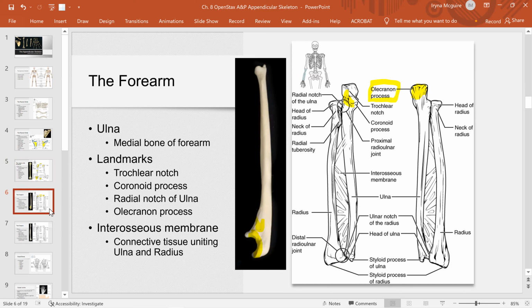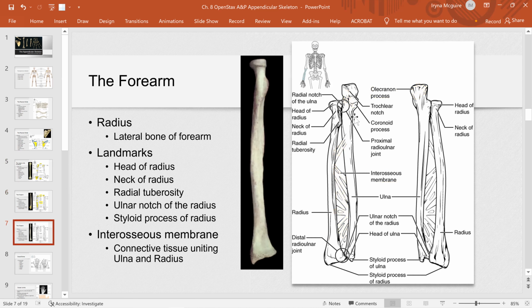Also, the radius and ulna have a membrane that connects them and holds them in place, and it's called the interosseous membrane. Inter means between, osseous means bones, so we have the interosseous membrane, and I already covered the olecranon process, right?